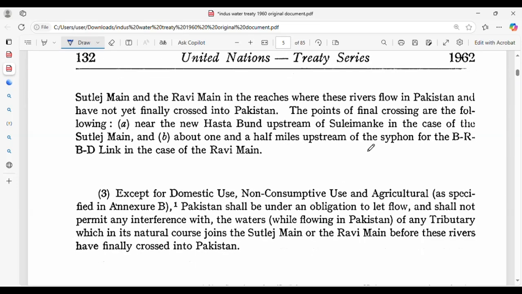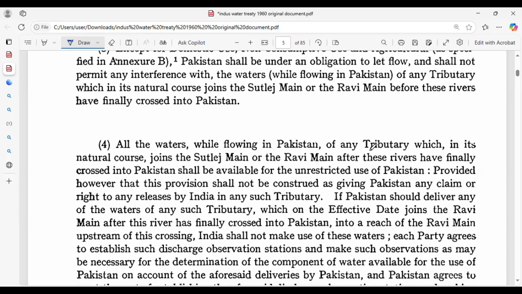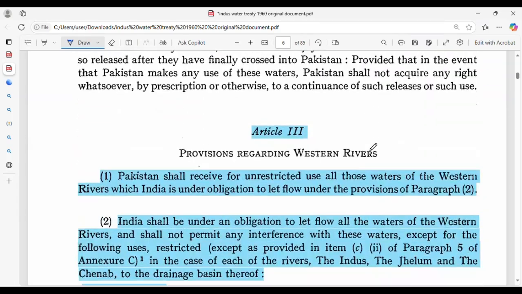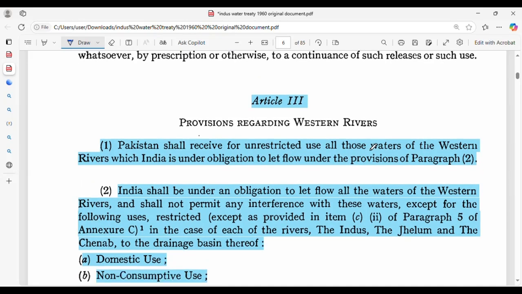And now we will come to the next article, directly article 3, where it is discussed about the western flowing rivers, which is western rivers. Pakistan shall receive for unrestricted use all those water of western rivers which India is under obligation to let flow.